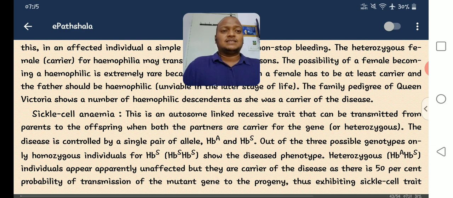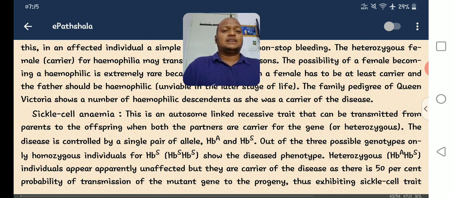When both recessive genes come together and are phenotypically expressed, the disease can be expressed in the affected children of the next generation. This is an autosome linked recessive trait that can be transmitted from parents to the offspring when both the parents are carriers for the gene, or heterozygous.